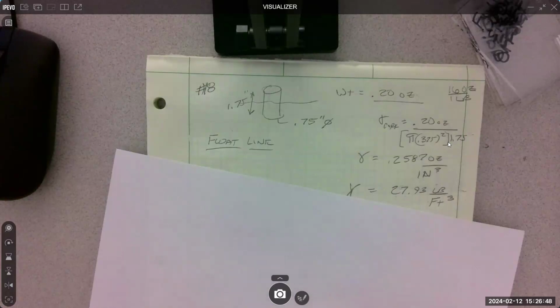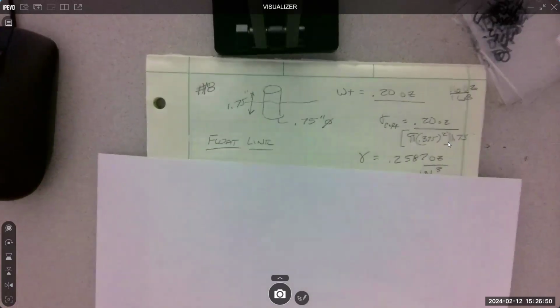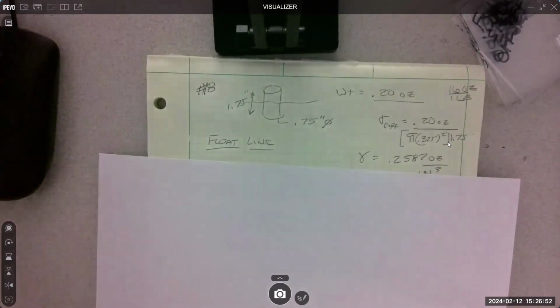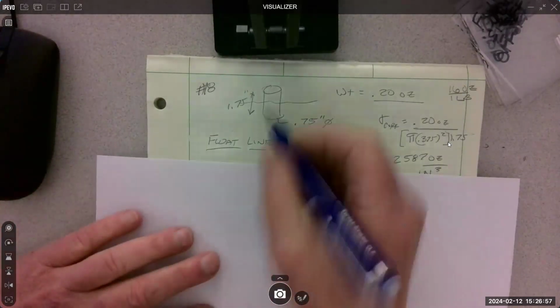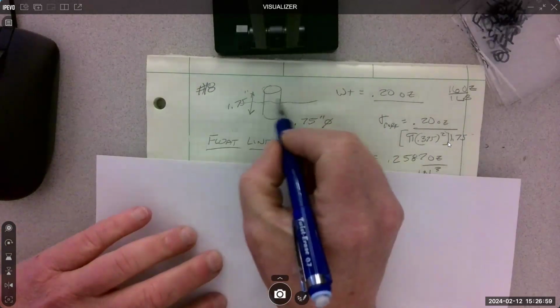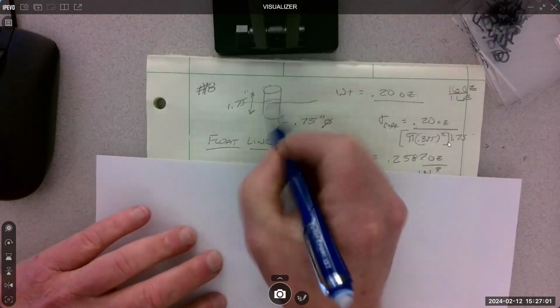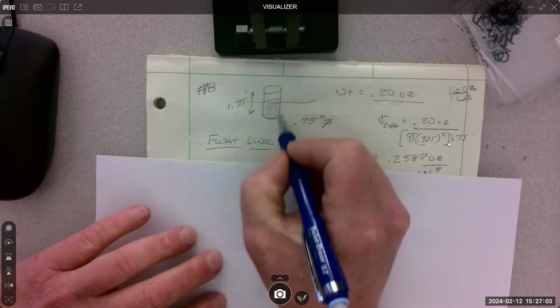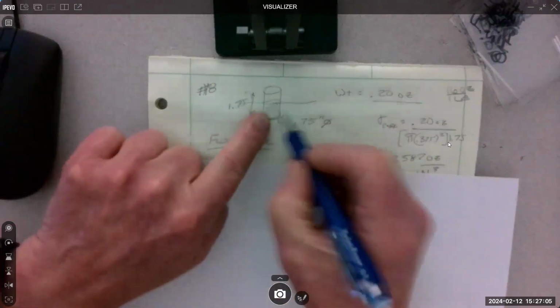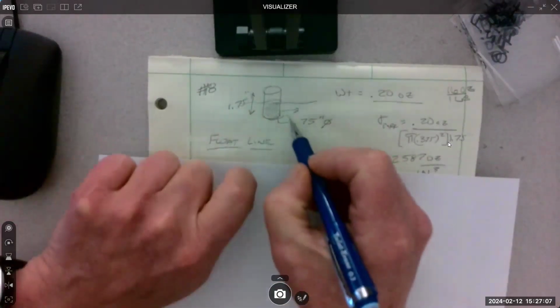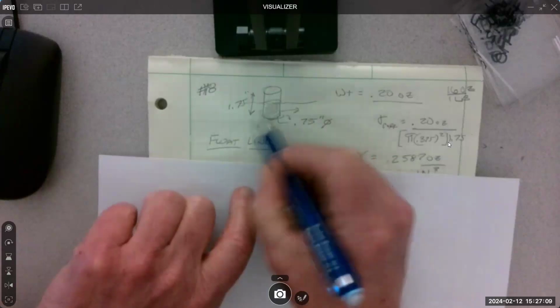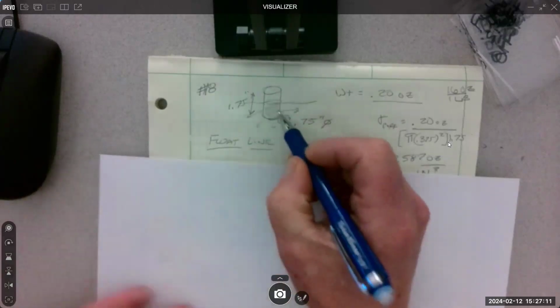All right, let's talk about buoyancy and float. So an object floats when its underwater volume is displacing water. So water has to get out of the way for this thing to go into the water.